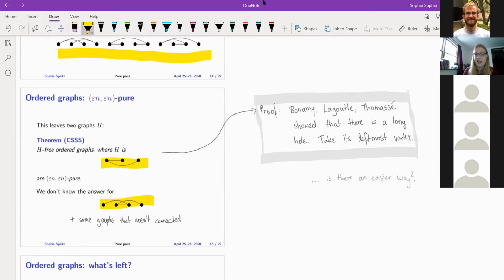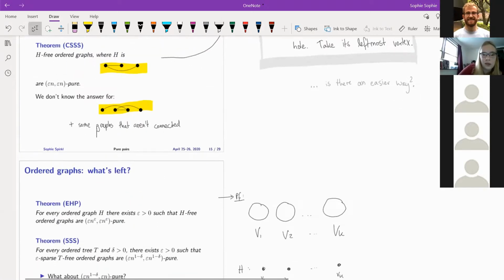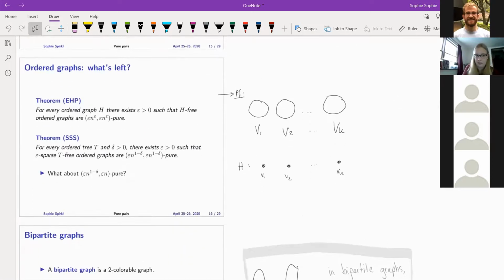We can't even get linear size pure pairs for all trees. But we saw from the Erdős–Hajnal proof earlier that we can always get polynomial size pure pairs, right? That proof works just the same because we actually did an ordered proof. We never changed the order of anything. And so for trees, we can prove that you can get sort of close to linear.